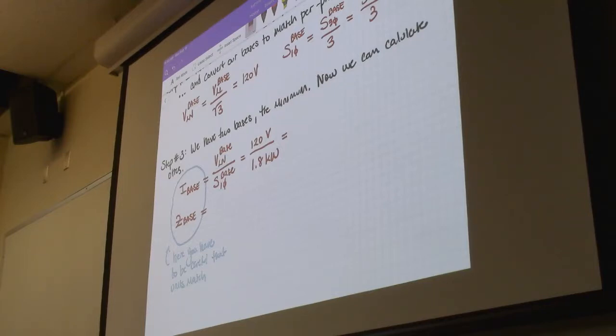And I have this upside down. Sorry about that.